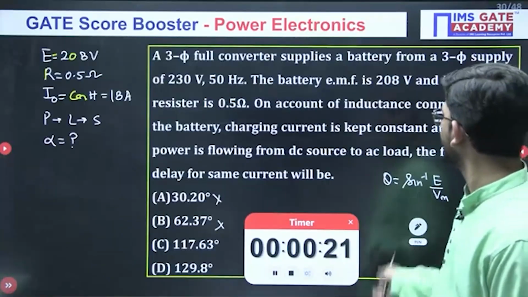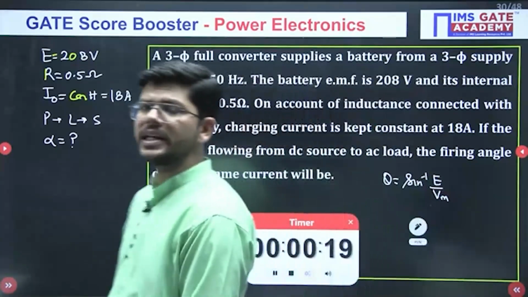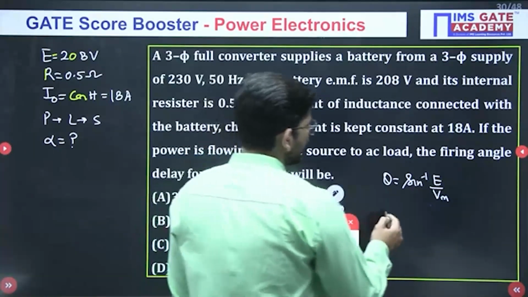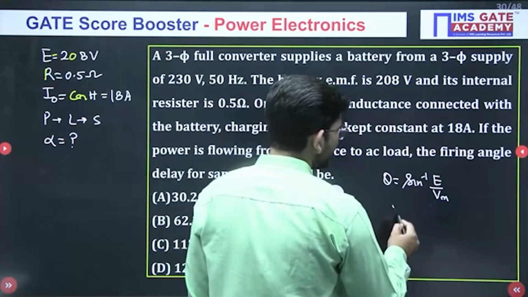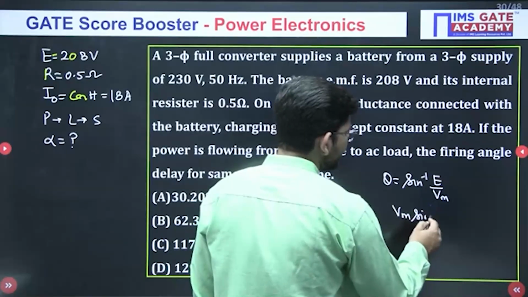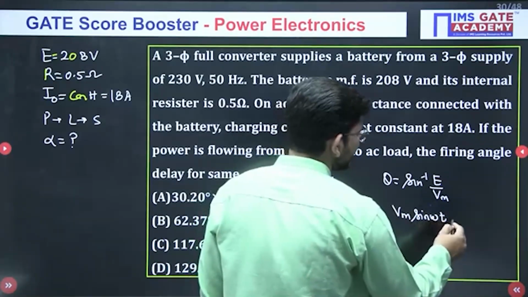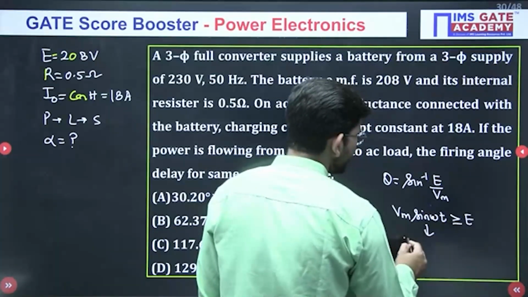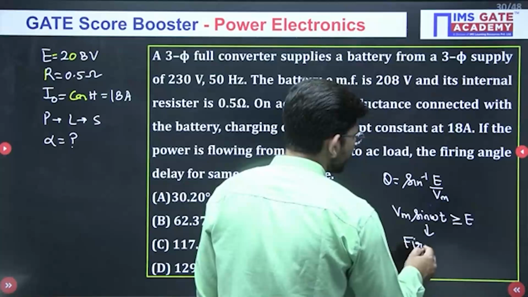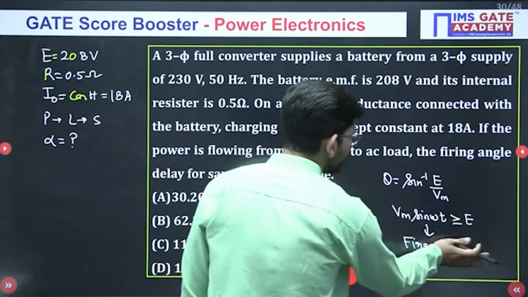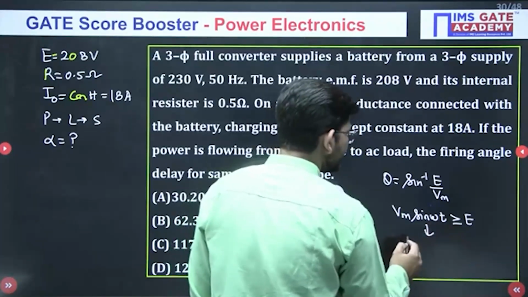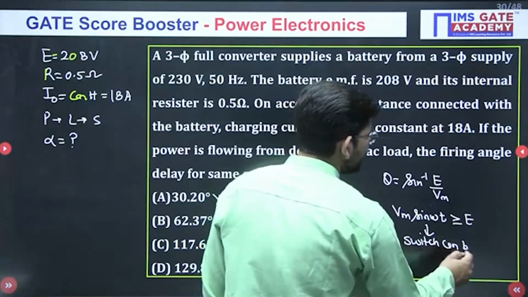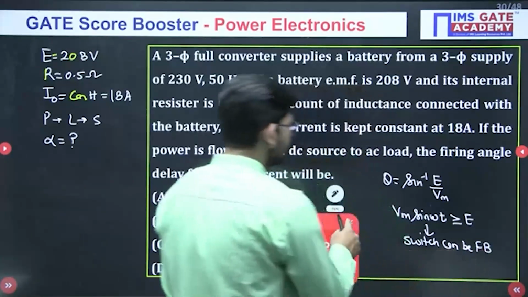also you can calculate it like this, sine inverse E upon Vm. If we have E at the load, then when Vm sin omega t is at least greater than or equal to E, only then can you fire your switch, because only then can the switch be forward biased.